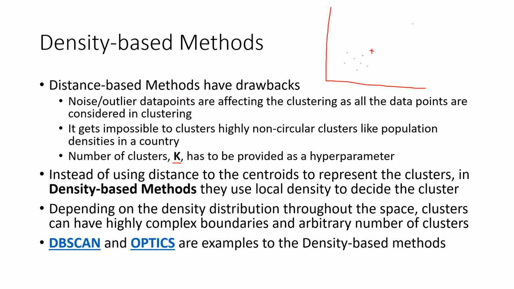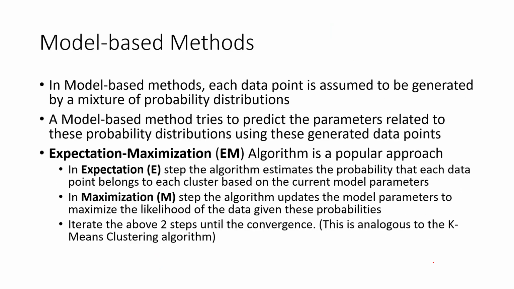Because of that, density-based clustering can be highly useful in practical use cases. You can use either DBSCAN or OPTICS, and between these two, OPTICS is highly recommended as a density-based technique.